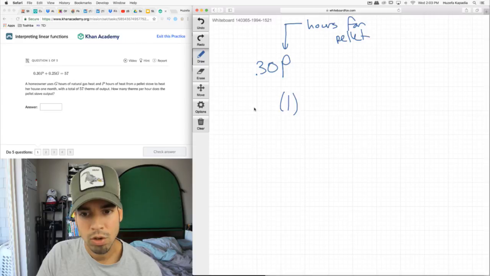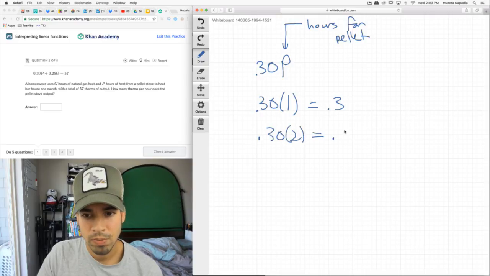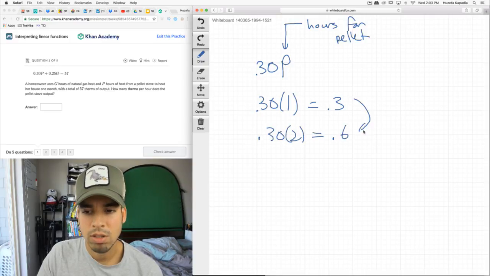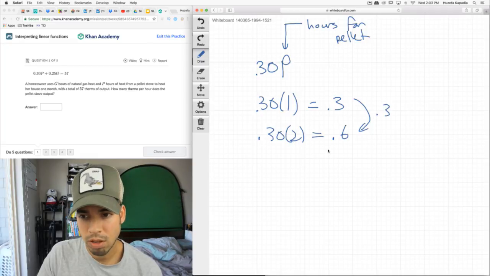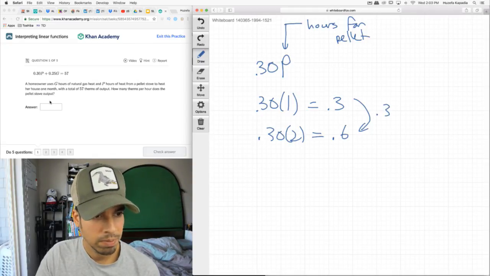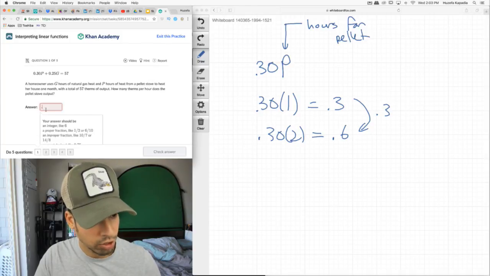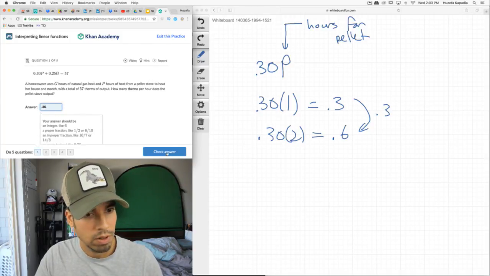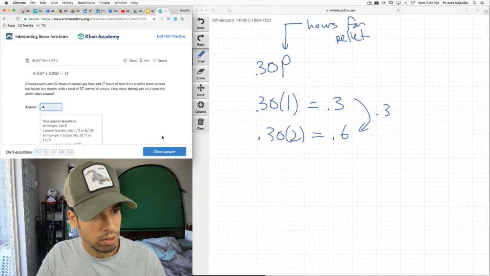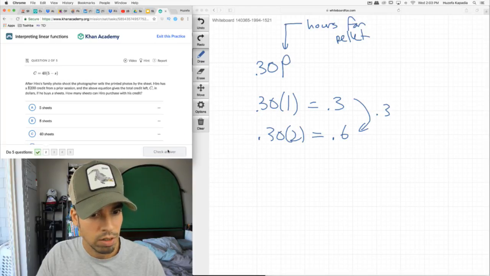So when P is 1, it outputs 0.3 times 1, which is 0.3. When P is 2, it outputs 0.6. So it outputs 0.3 every hour. It's basically that coefficient right there. I think we can just put it like this. All right, cool. Next.